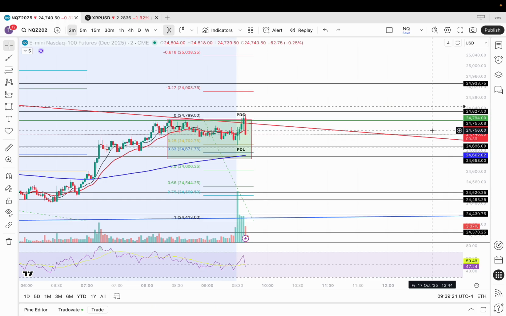Now we need violence here. We need violence that takes out the low, the 200. And if we get that, then we will wait for a little tiny bounce and get in. Wait for another push or two, and then get out. If we don't get violence here, then it's not going to go.